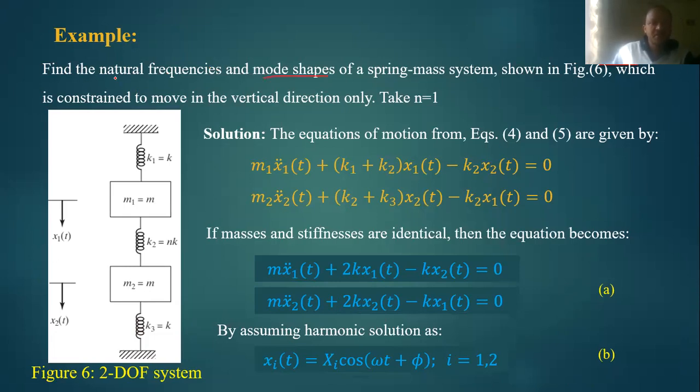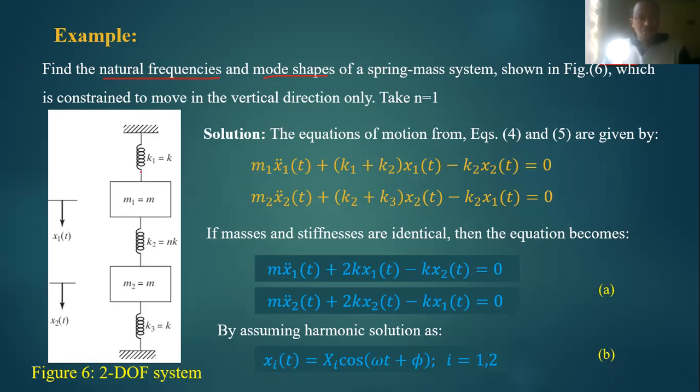Our requirement here is finding the natural frequencies and mode shapes. Why are we finding the natural frequency? Once we know the natural frequency of the system, we can design our system not to have any resonance that directly coincides with the natural frequency of the system. So that is the aim.